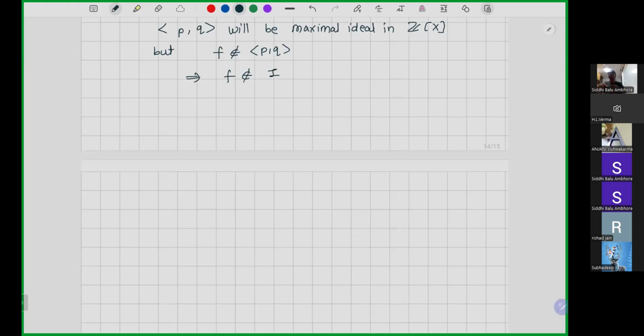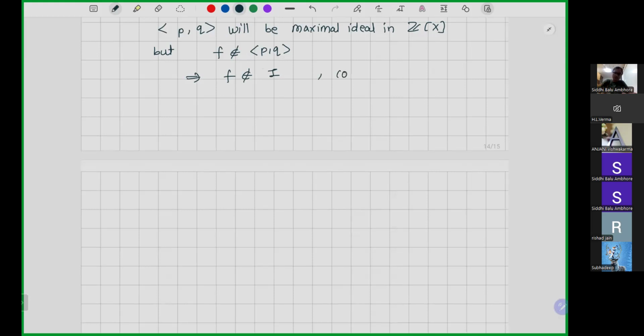I, which was the intersection of all those ideals containing P. The intersection of all the maximal ideals which contain P, and this ideal P comma Q is an ideal which contains P but does not contain F, which we chose from the intersection of all such ideals.